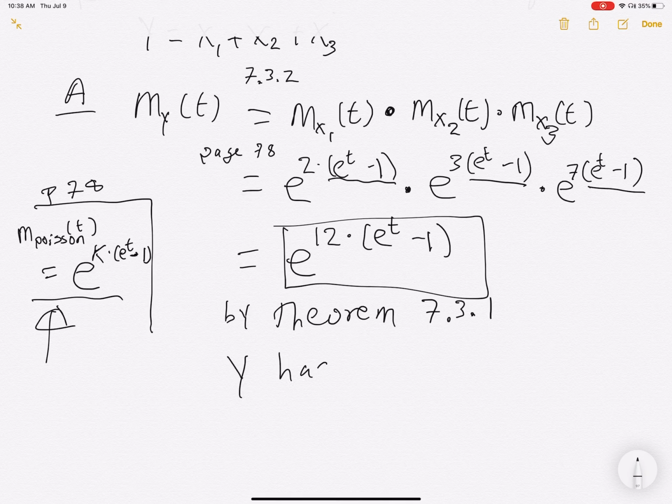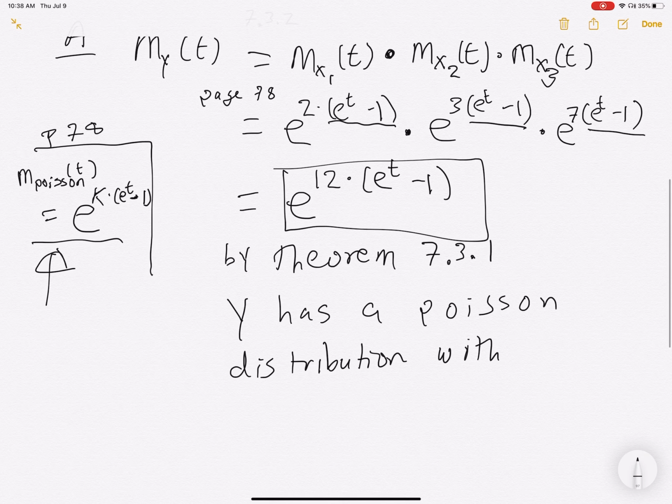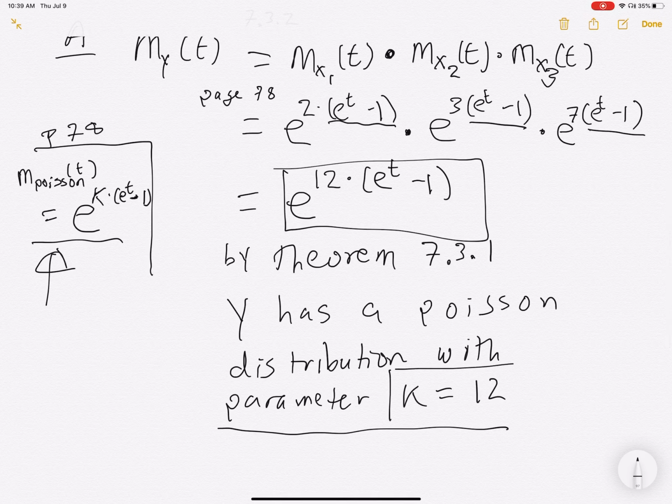So by theorem 7.3.1, since it has the moment generating function of a Poisson distribution, the random variable Y is a Poisson distribution. Y has a Poisson distribution with parameter k. Okay, and it's very important to specify the parameter.